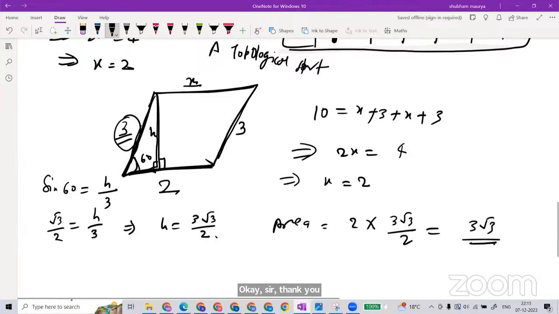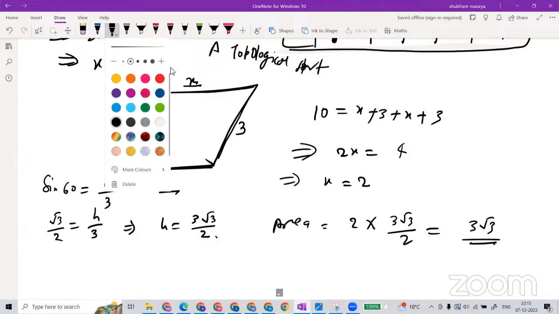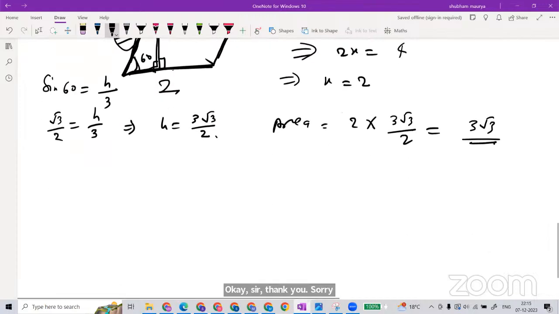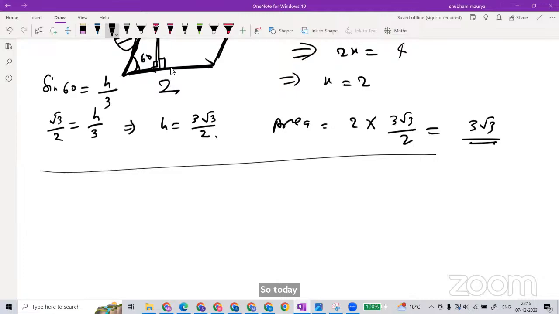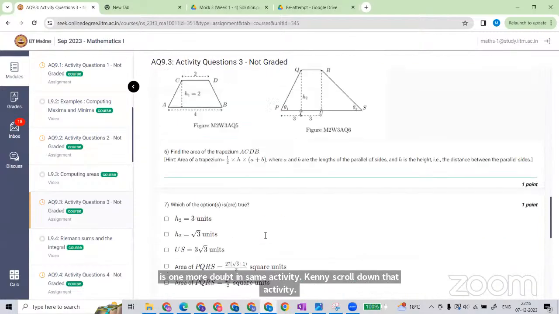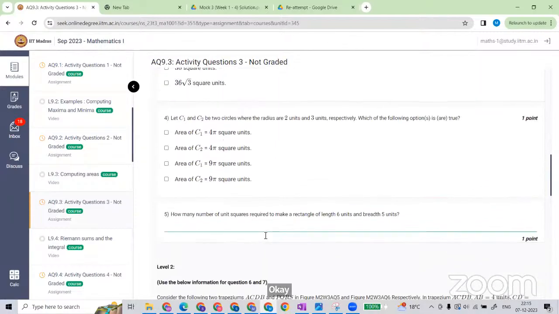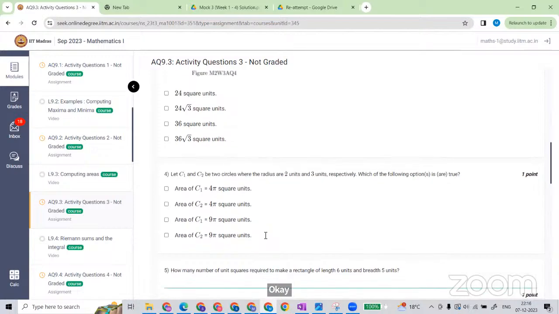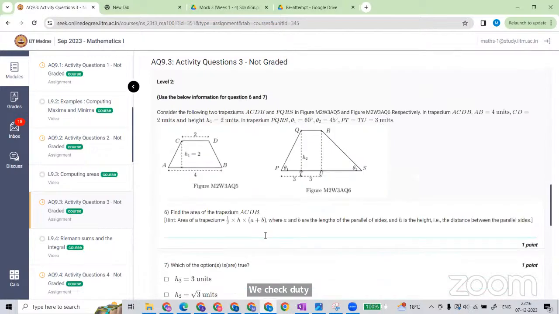Now, Riemann sum. Sir, there is one more doubt in same activity. Can you scroll down that activity? Okay. Which activity? Sir, scroll down, please.